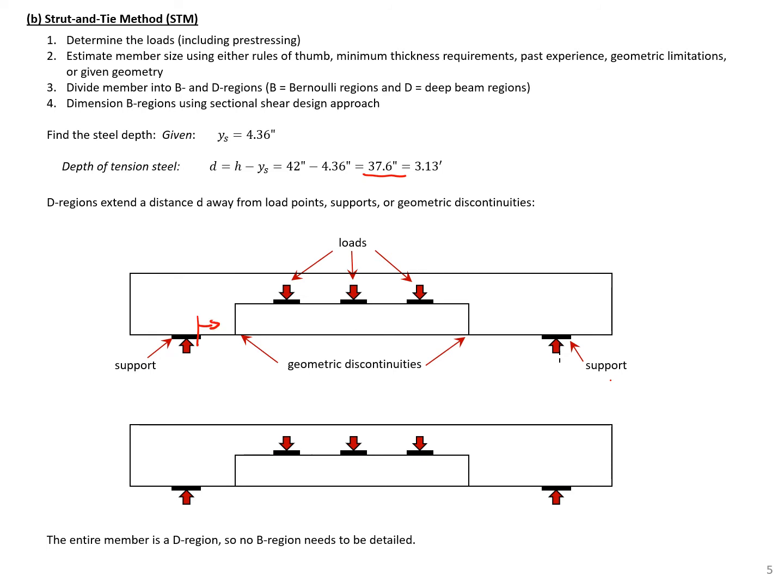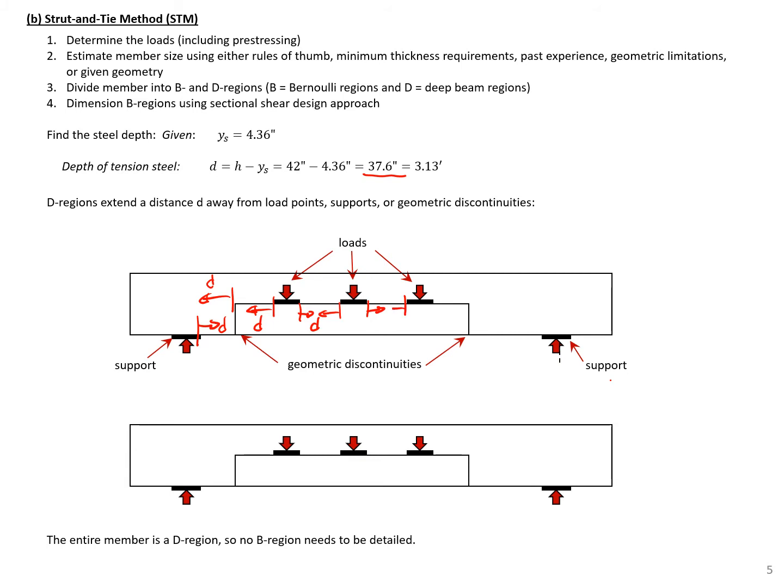So we need to go a distance D away from there. We have a geometric discontinuity here, so we need to go a distance D away from here. We have a load here, distance D away from there. Another load here, D away, another load there, D away, and so forth.